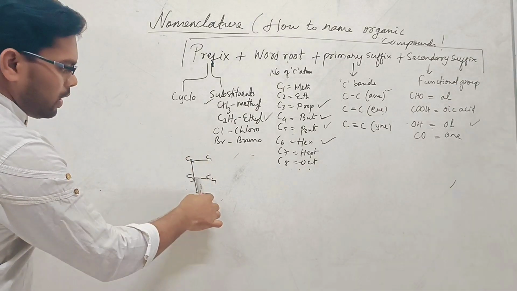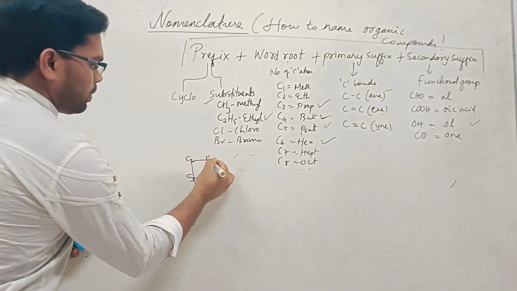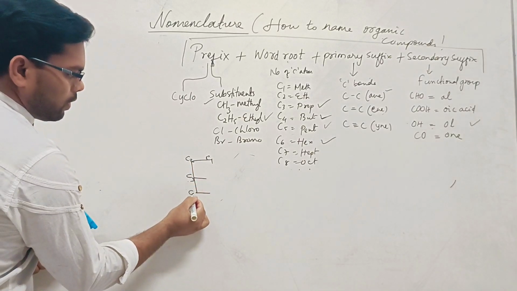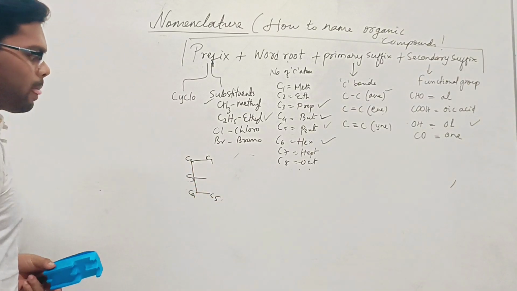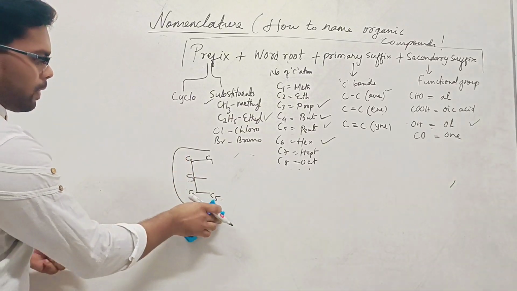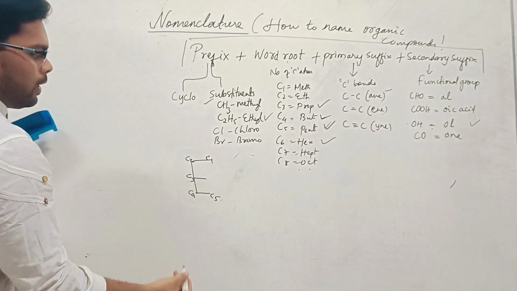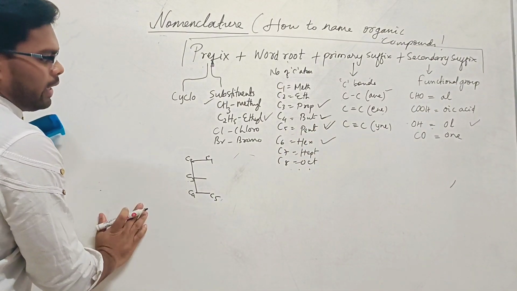If you count this way, I think it will be more. So this will be the first carbon, second, third, fourth, and this will be the fifth. So this is going to be the long carbon chain. Yes or no? Fifth means pent.